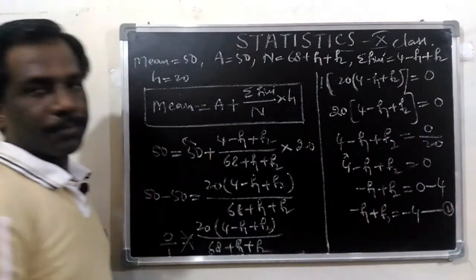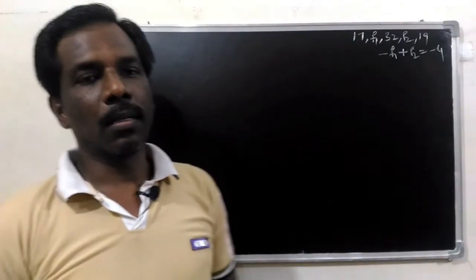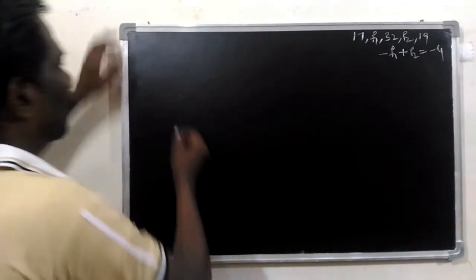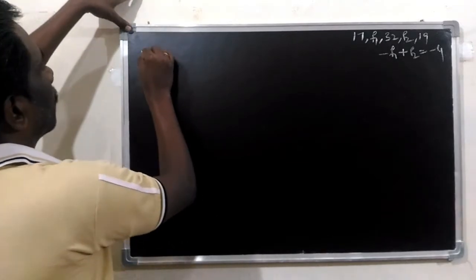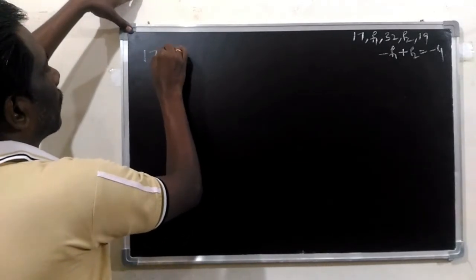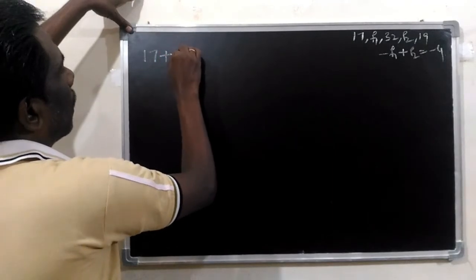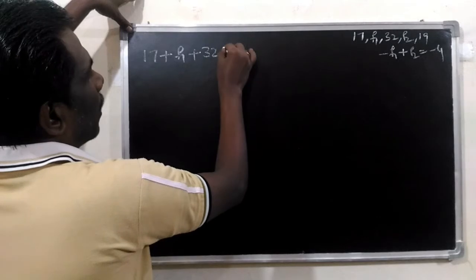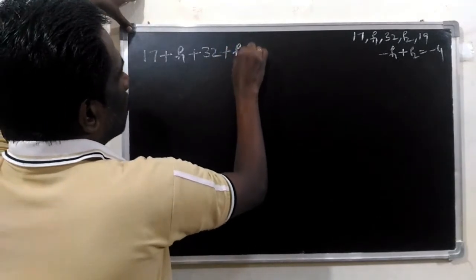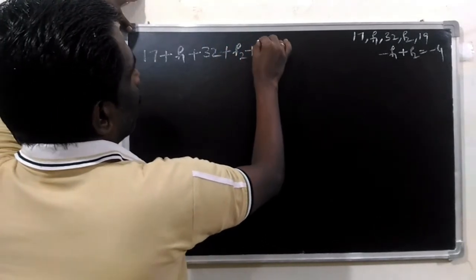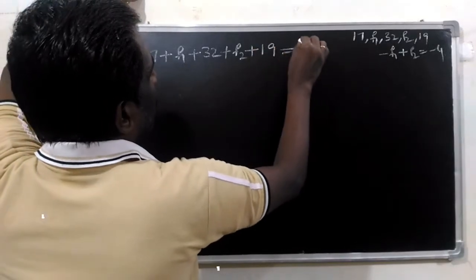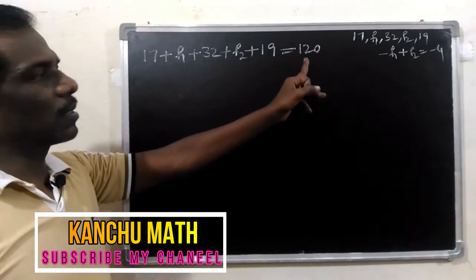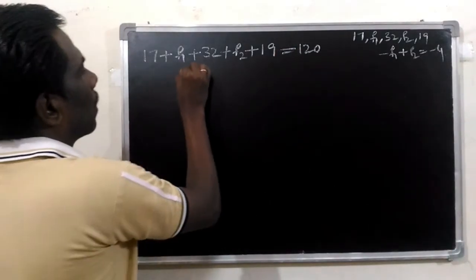This is the first equation. In the question, they gave the sum of frequencies as 120. The first frequency is 17, plus f1 is the second frequency, the third one is 32, the fourth one is f2, and the fifth one is 19. The sum of these frequencies is given as 120.